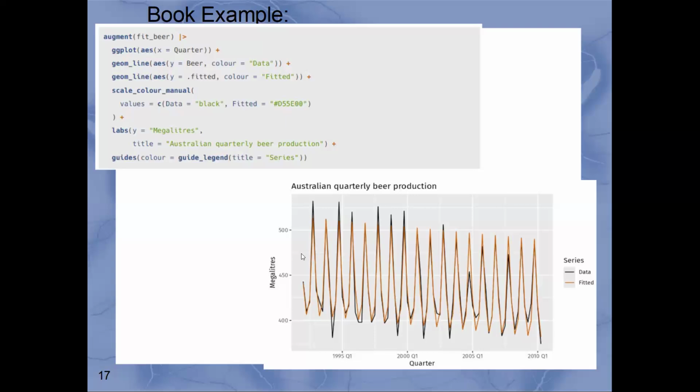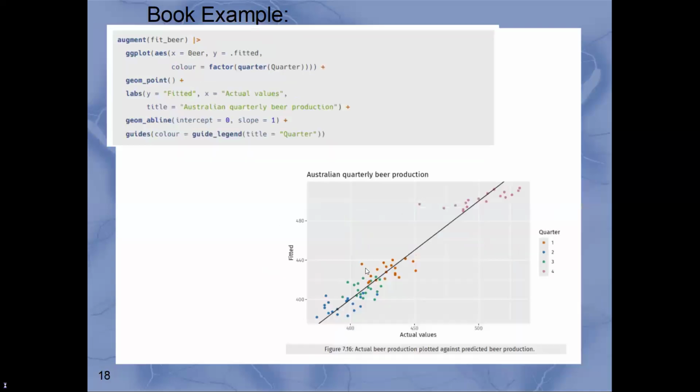We see a slight trend down through here, and also the seasonality we're talking about. If we plot the fitted value versus the actual value, they should lie along this straight line, and if they do, then it's a pretty good fit.